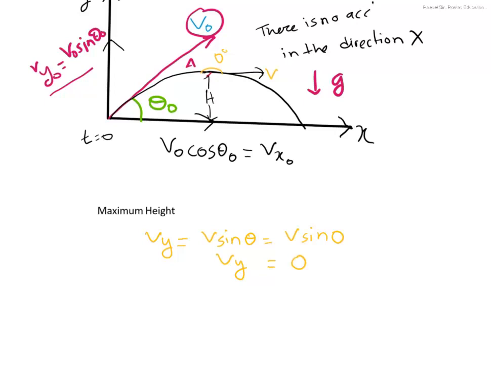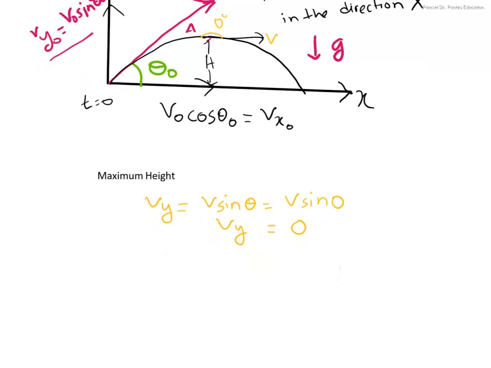So the velocity in the y direction would be 0 at the maximum height, because the angle is 0 degrees at point A.